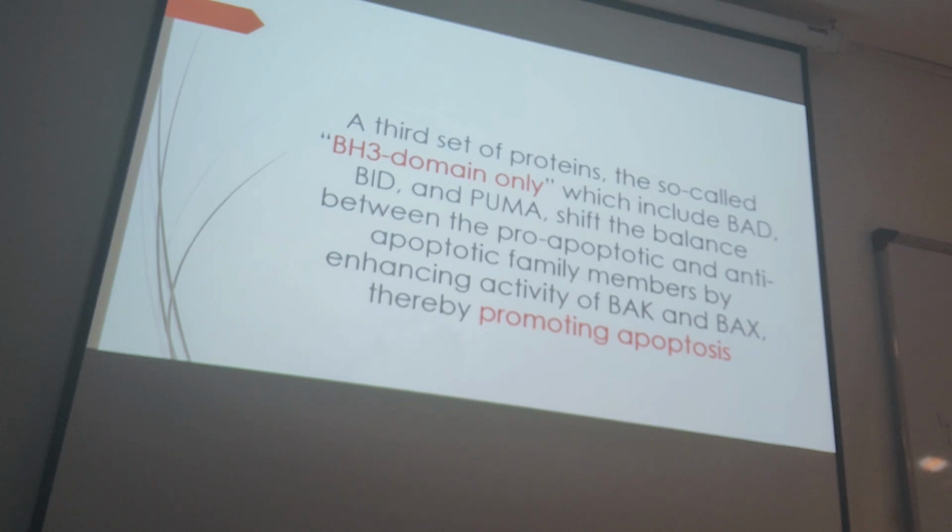And these are pro-apoptotic, like BAK and BAX, and shift the balance between pro-apoptotic and anti-apoptotic family members by enhancing activity of BAK and BAX. So these three proteins can help BAK and BAX for starting apoptosis and for making some pores in the outer membrane of mitochondria for cell death.